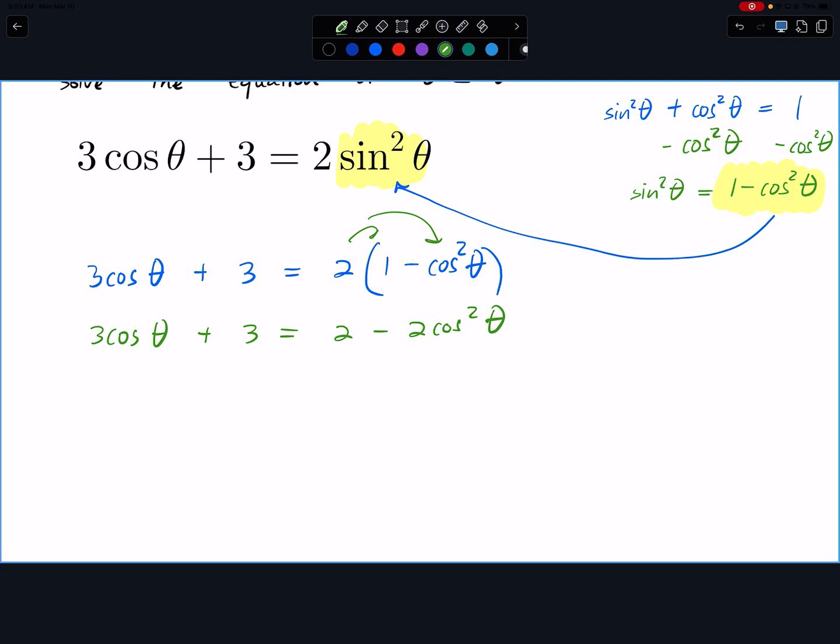So in order to solve this, I have a quadratic, so I'd want everything on one side, and I want a 0 on that side. So because this is negative, I'm going to move these two terms to this side.